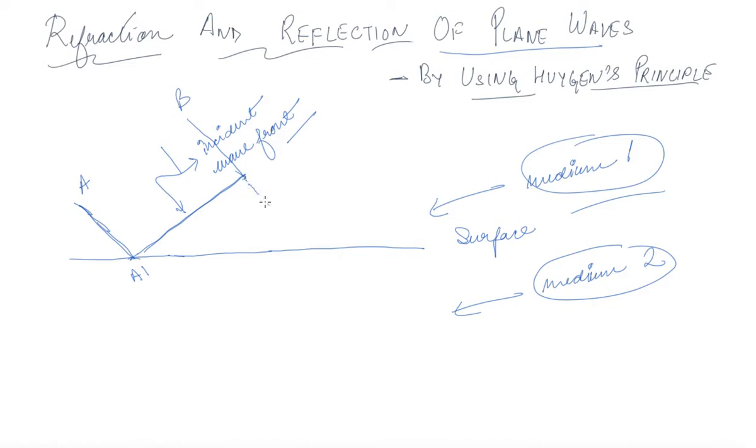This is the distance left for B to strike. Let this point be C. So now my question is, what is this length BC?